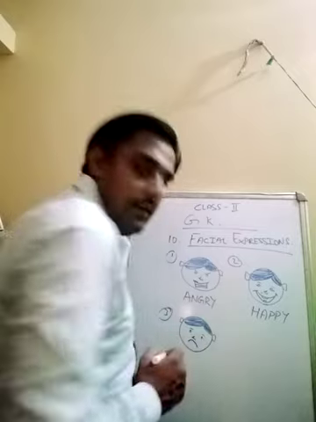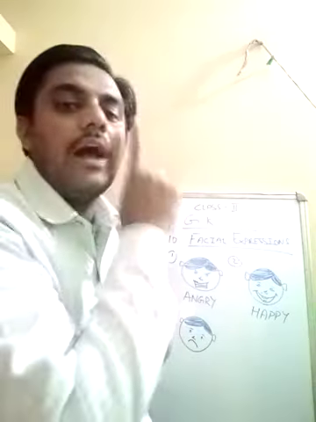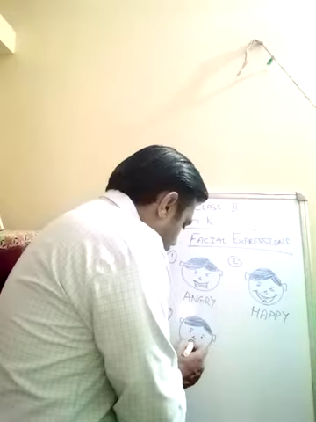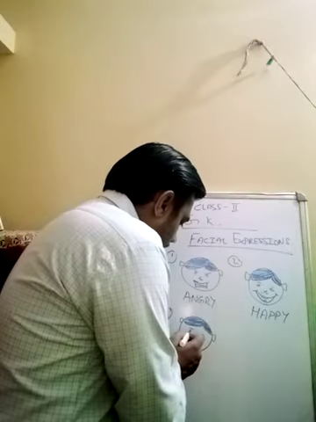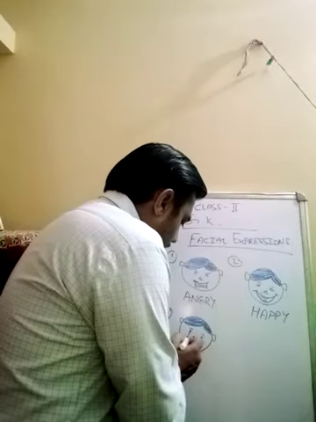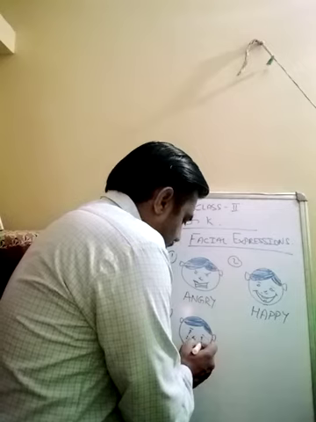The mouth is inverted. Instead of being up when we are happy, it is just the opposite. The mouth is shaped down. And not only that, tears are coming from the eyes.